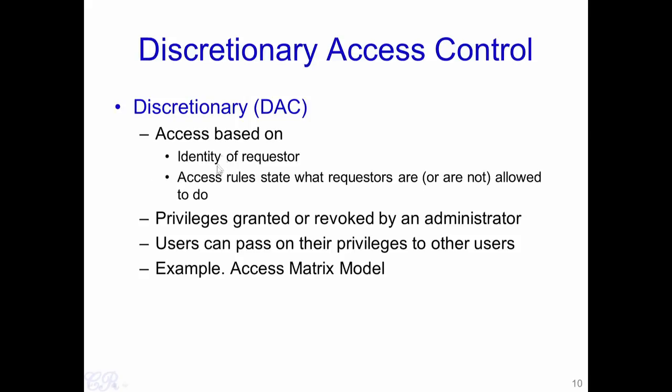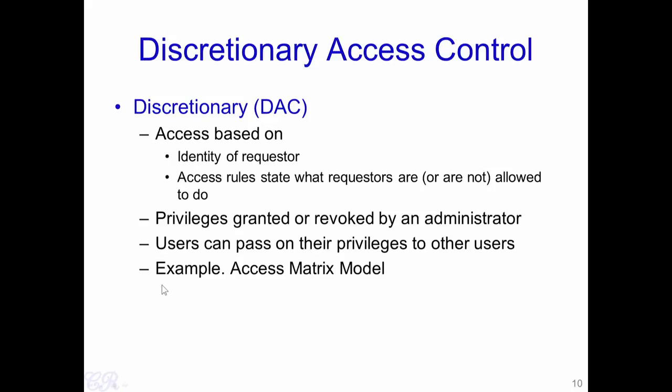The privileges for these various objects are granted as well as revoked by the system administrator. Users who have a particular privilege can also pass on that privilege to other users.